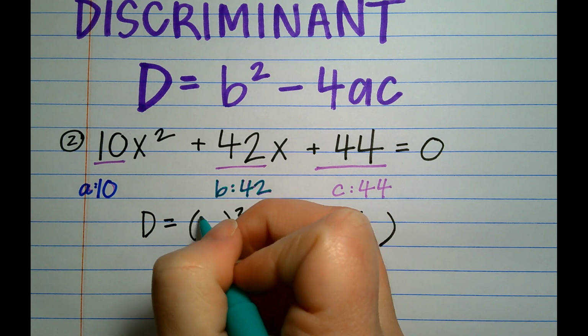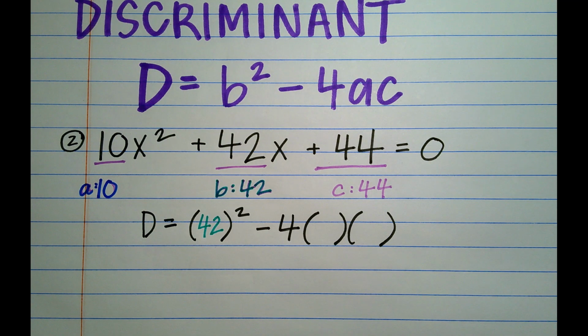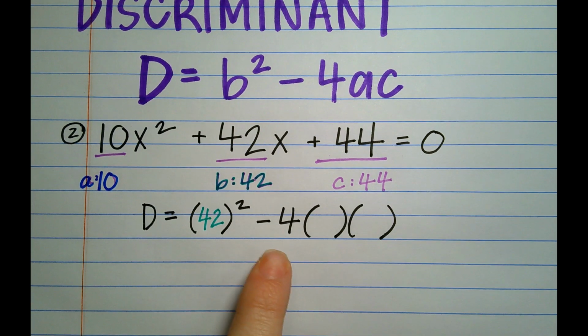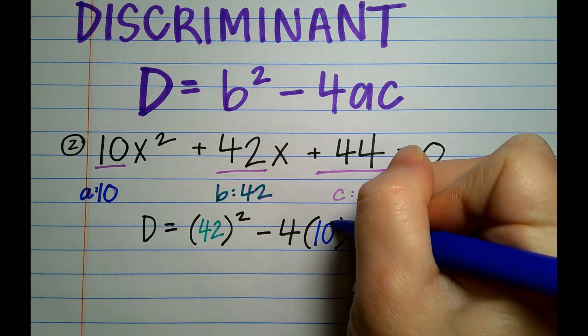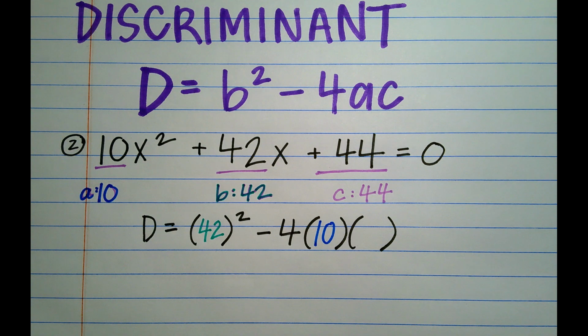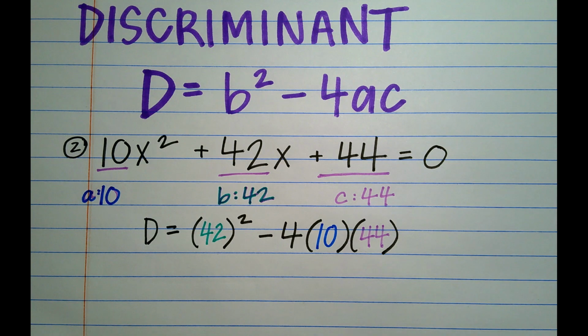B, which is 42. Minus 4 times A, which is 10, times C, which is 44.